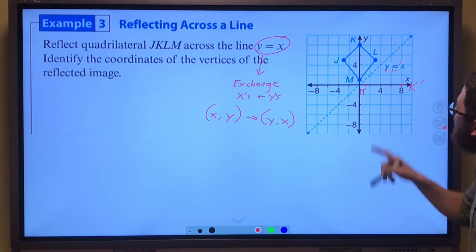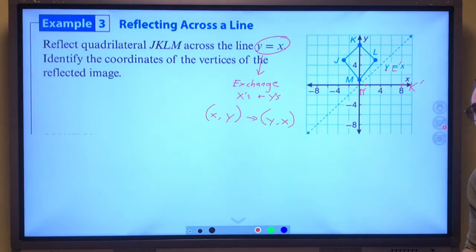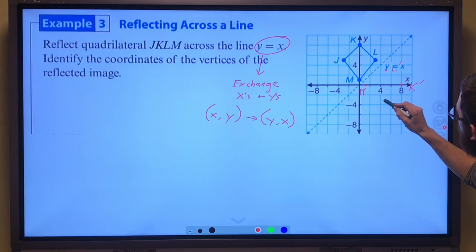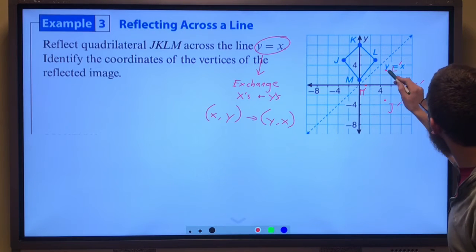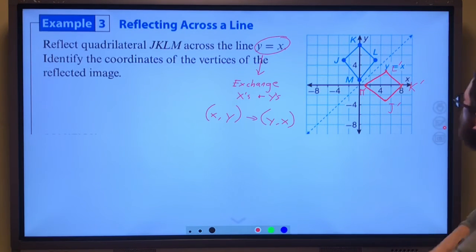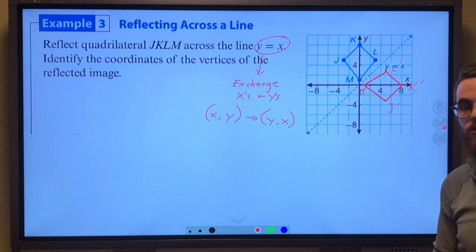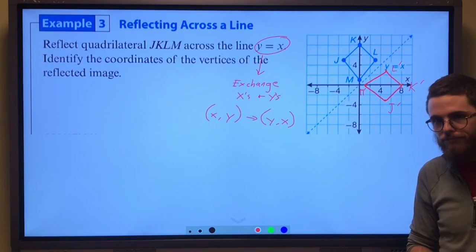Finally, J is at (-3, 5), so that means that J prime is going to be at (5, -3). We connect those to get our reflected figure. To reflect across y equals x, exchange the x's and the y's.